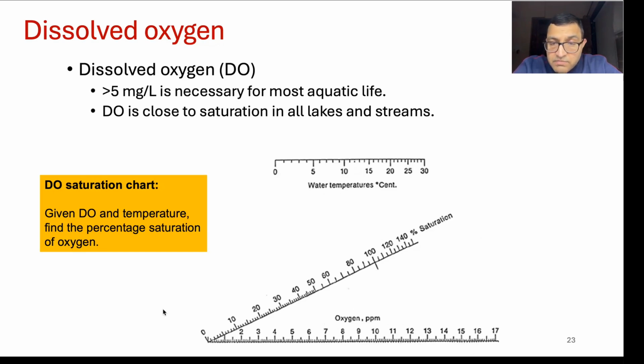So you could take a meter and measure your oxygen content in a given sample, and then you could also measure the temperature, and then you have the temperature here, and you have the oxygen solubility. So then you join the two, the top and the bottom. It'll give you what the saturation level is. Is it 100%? Is it 90%? Is it 80%? And so forth. Usually for lakes and streams, you have more than 90 or 95% saturation.